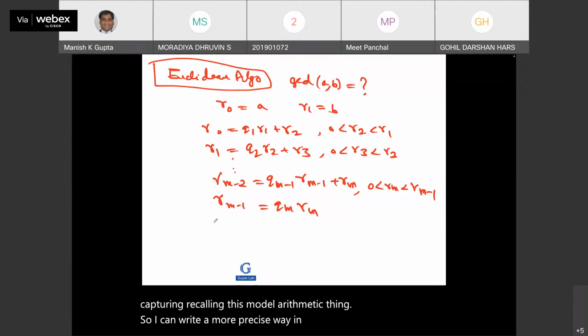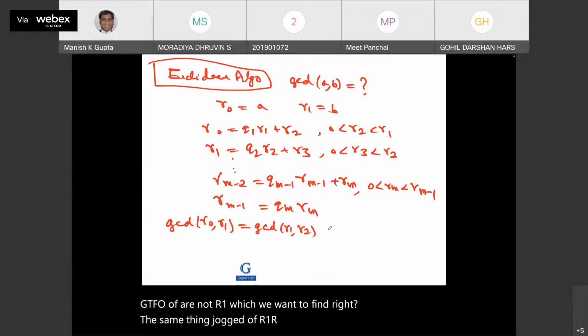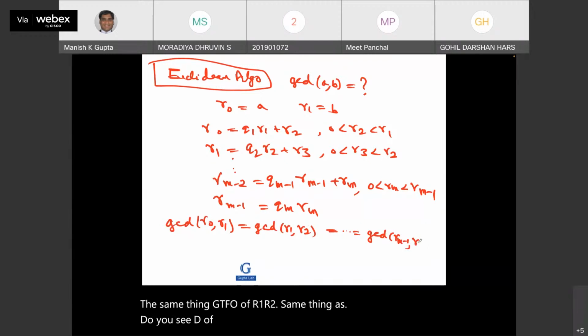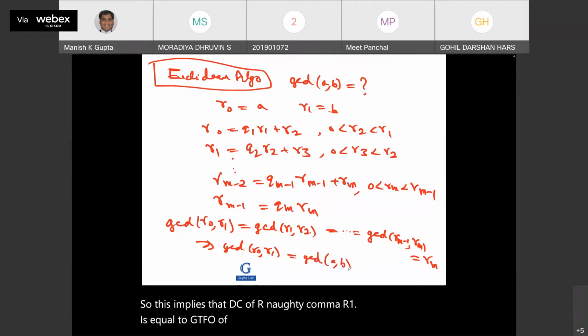In fact, you should note that the GCD of r0 and r1, which we want to find, is the same as the GCD of r1 and r2, the same thing as the GCD of r(m-1) and rm, which is equal to rm. So this implies that the GCD of r0 and r1 is equal to the GCD of a and b, because r0 is equal to a and r1 is equal to b, which is equal to rm.